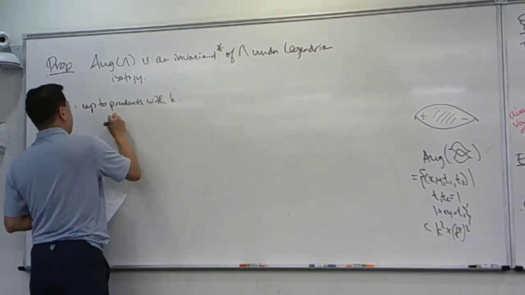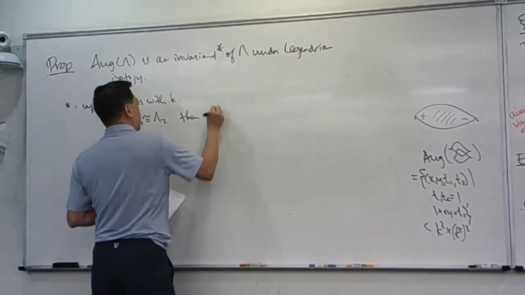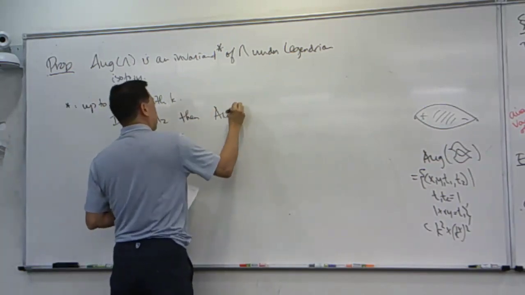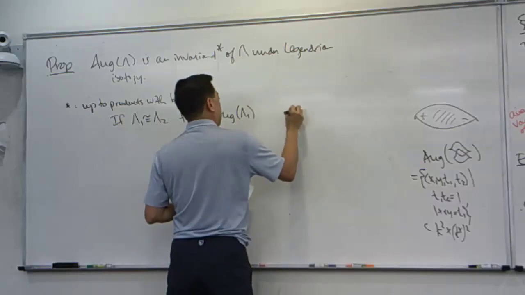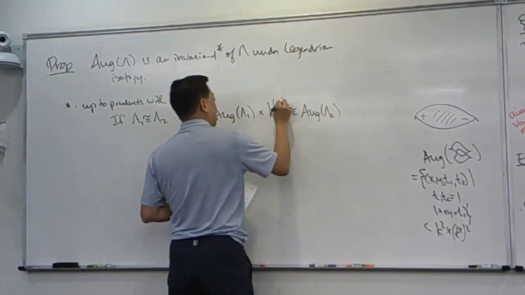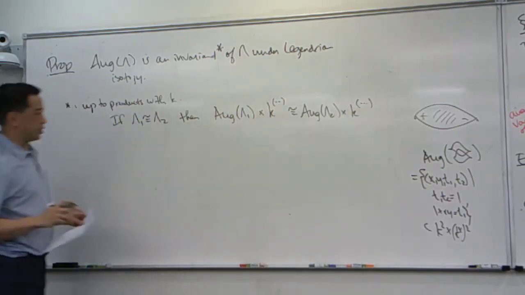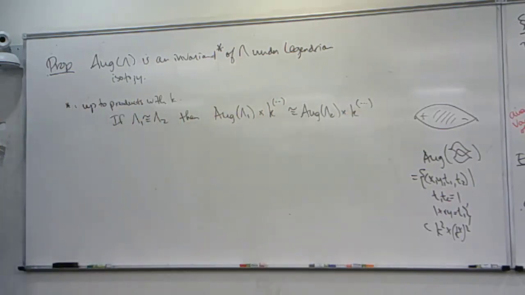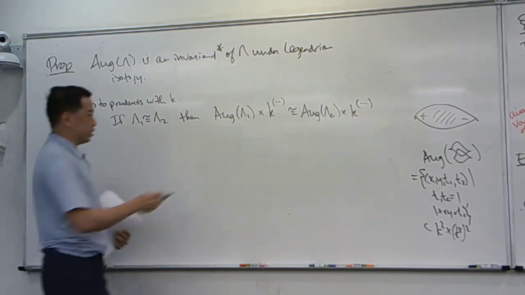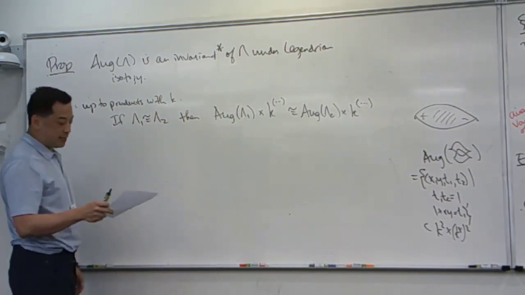Okay, so if Lambda 1 and Lambda 2 are Legendrian isotopic, then I might have to take products with some factors of just K itself, and then these are the same as affine varieties. You can make this more precise.